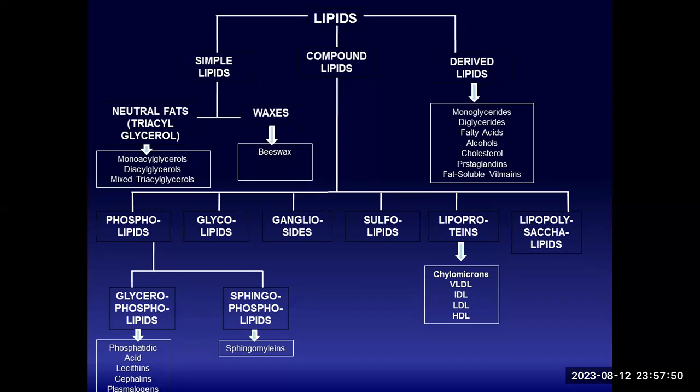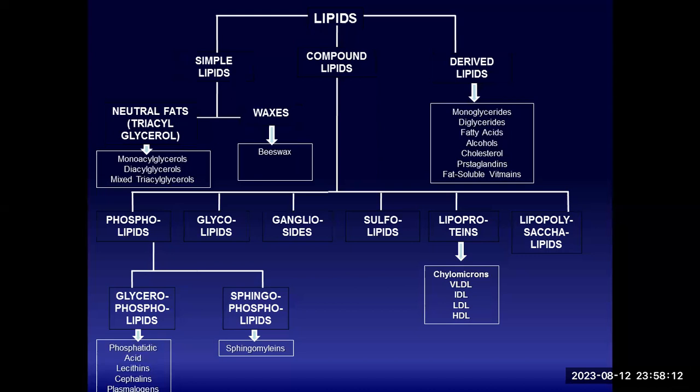Then compound lipids, these are the lipids which contain, in addition to alcohol and fatty acid, some other additional molecules, such as phospholipid, phosphate or phosphoric acid, along with the glycerol and fatty acid.